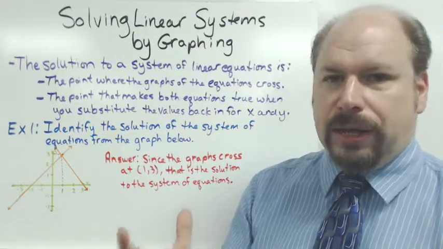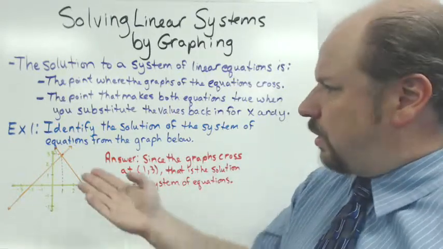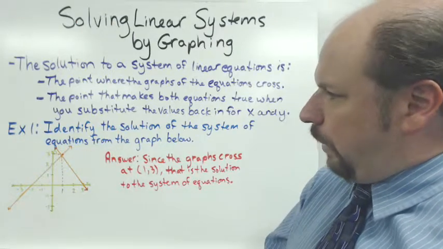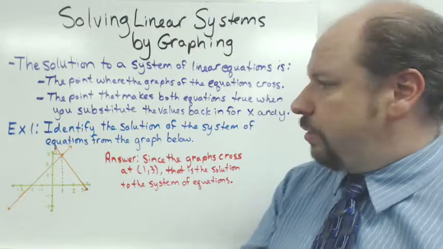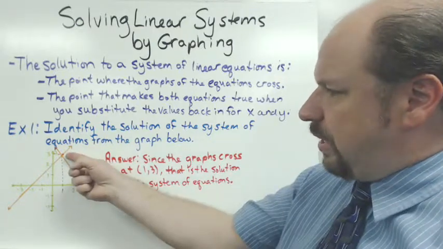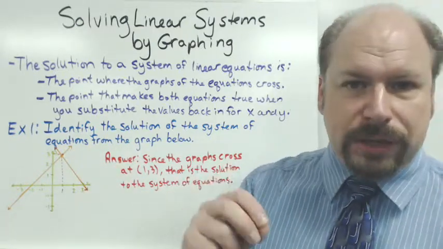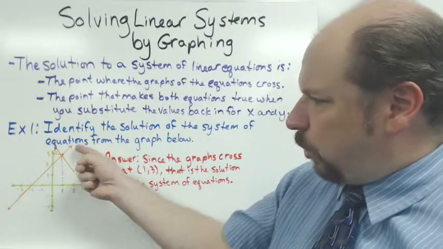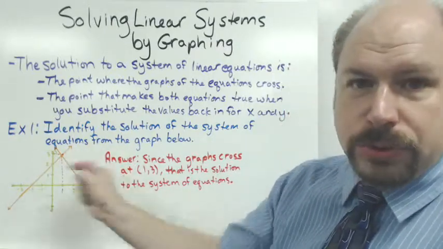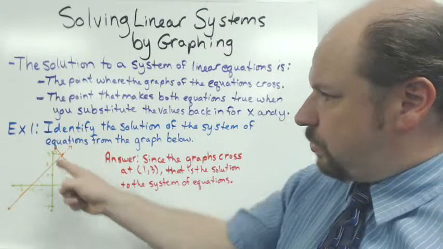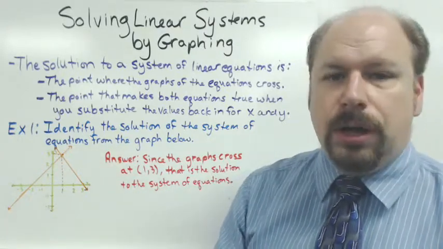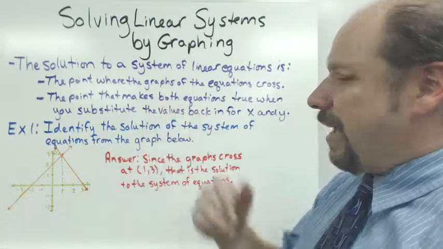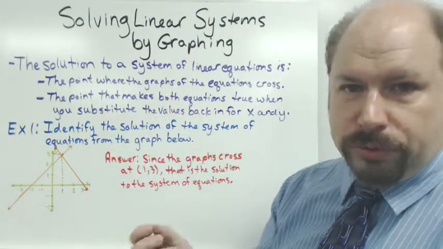Hopefully that makes sense because we'll just look at this graph real quick here. This point is the solution, and so if we were to take this point and substitute it back into the equation, this point is on this graph, so it should work for that equation. And this point is on this graph, so it should also work for that equation. So it is that point that makes both of them true.